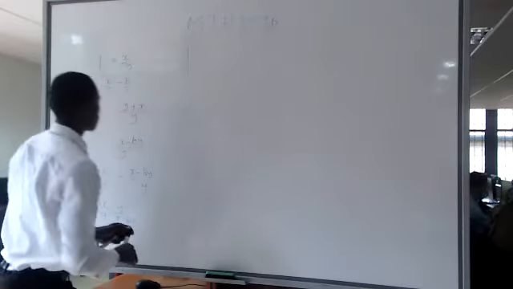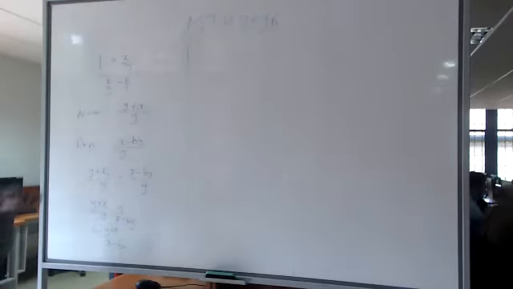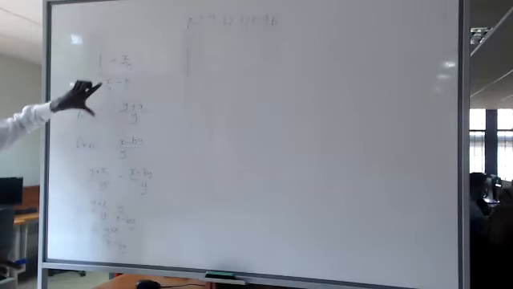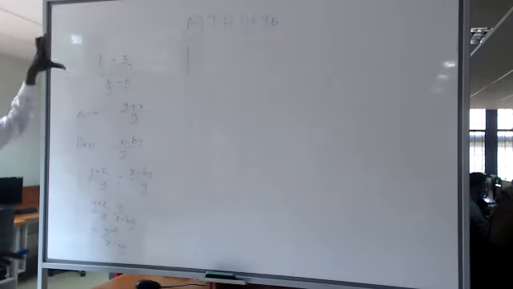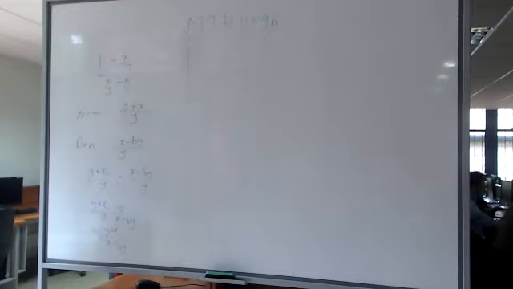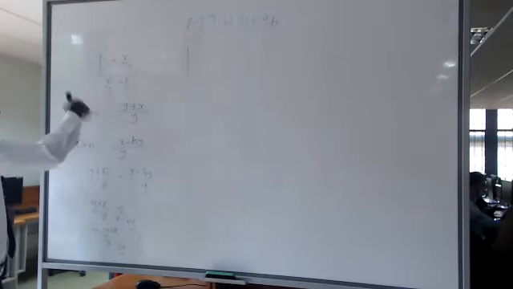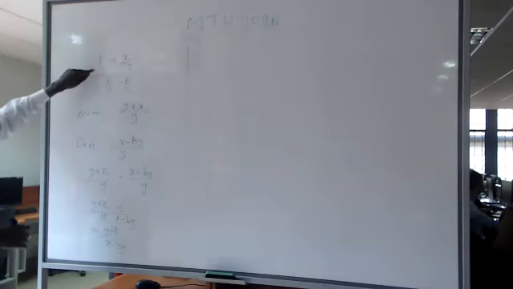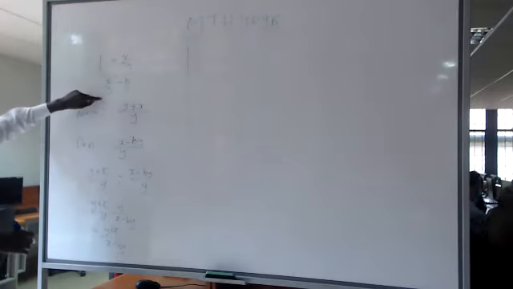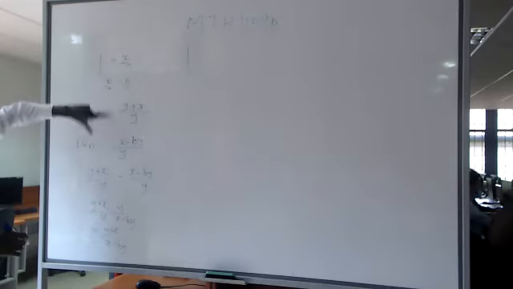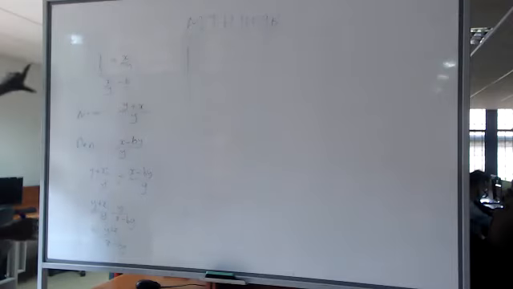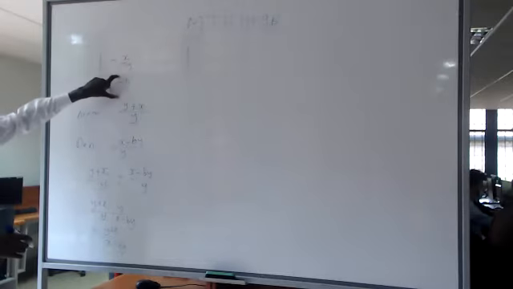The other approach is to multiply the whole expression by the LCM of both the numerator and the denominator. In the numerator we have y as the LCM, and in the denominator also we have y as the LCM. So we multiply the whole expression, the numerator by y, also the denominator by y.